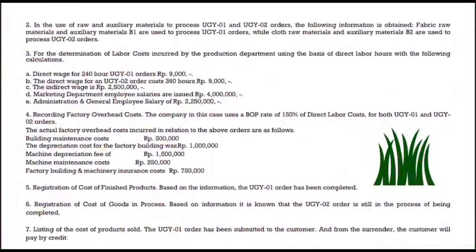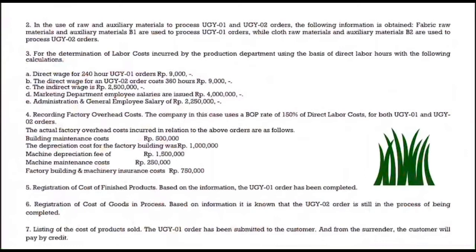The depreciation cost for the factory building was 1 million and machine depreciation was 1,500,000 rupiah. Machine maintenance cost is 250 rupiah. And then factory building and machinery insurance cost is 750 rupiah.